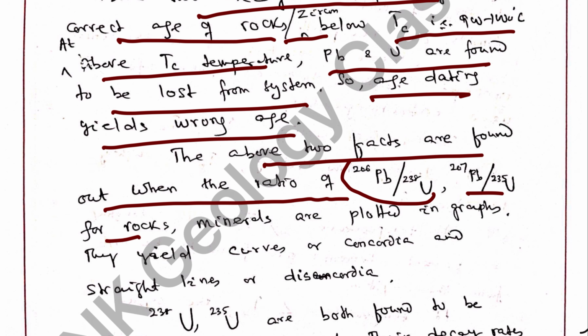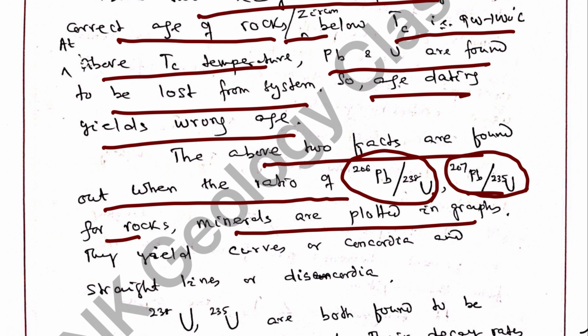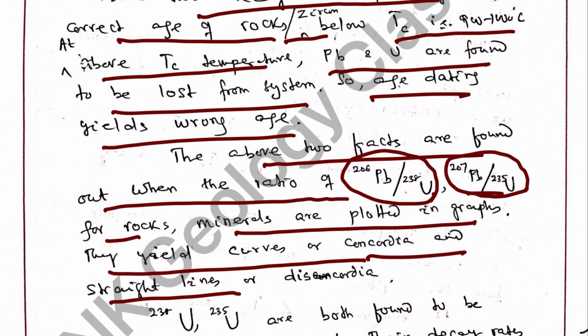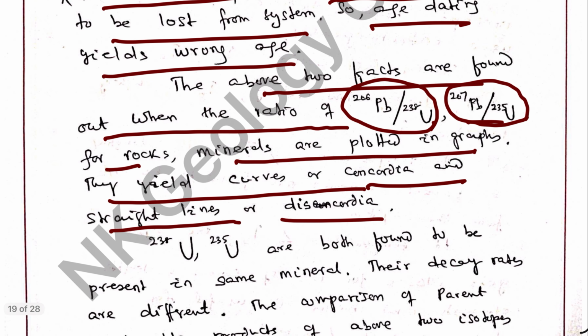The ratio of Pb206 to U238 and the ratio of Pb207 to U235 in rocks and minerals are determined, and these ratios are plotted in graphs. They yield curves, or Concordia, and straight lines, or Discordia.